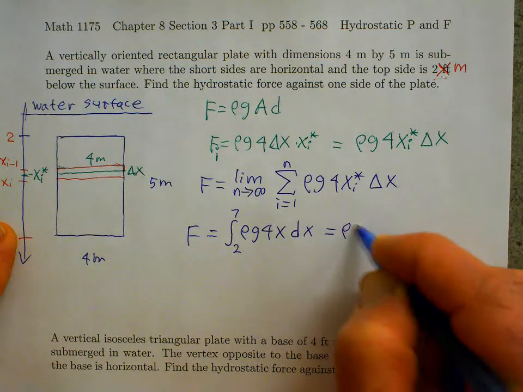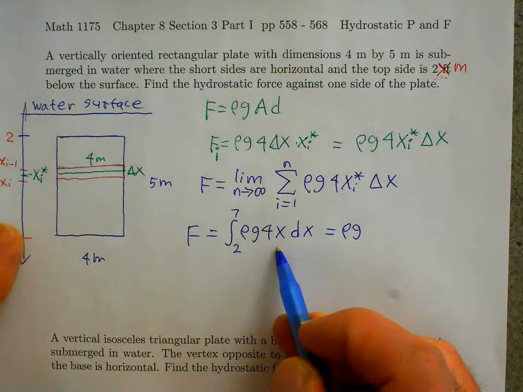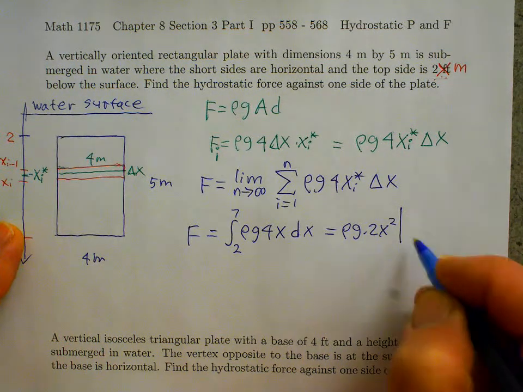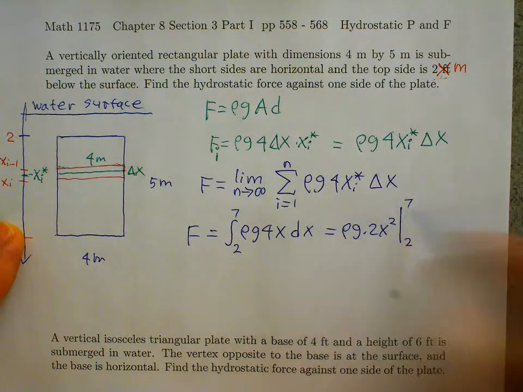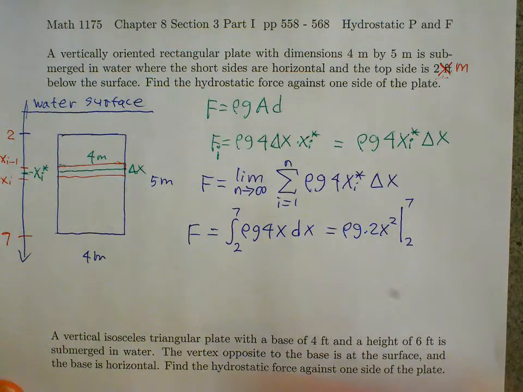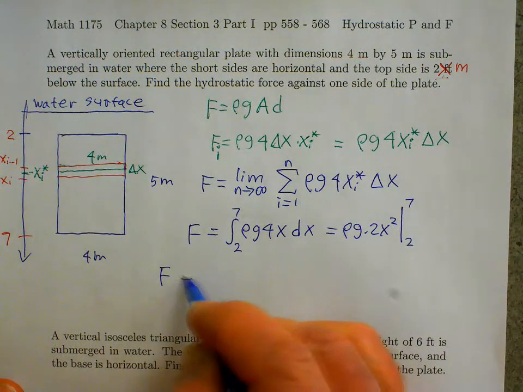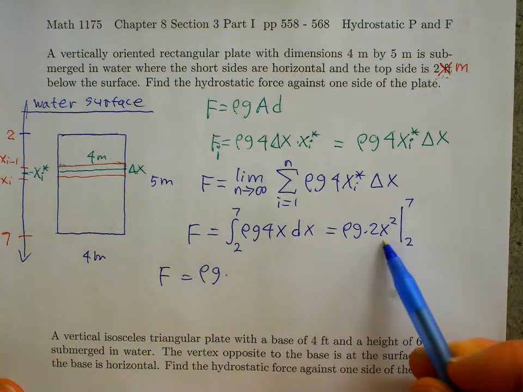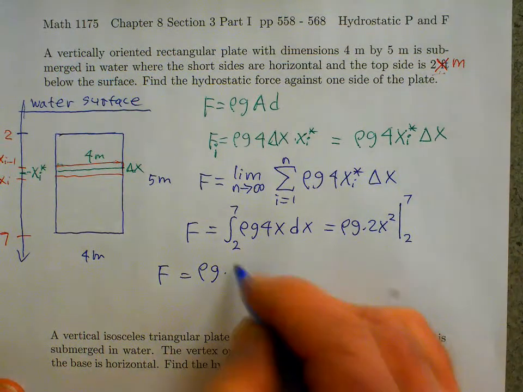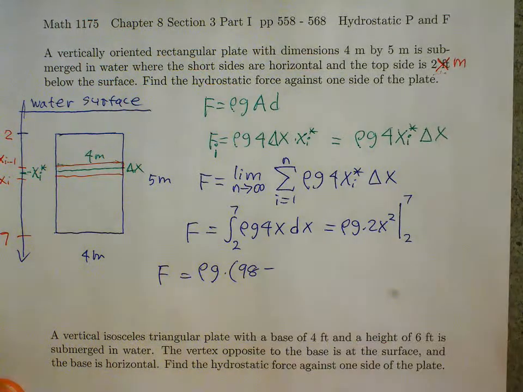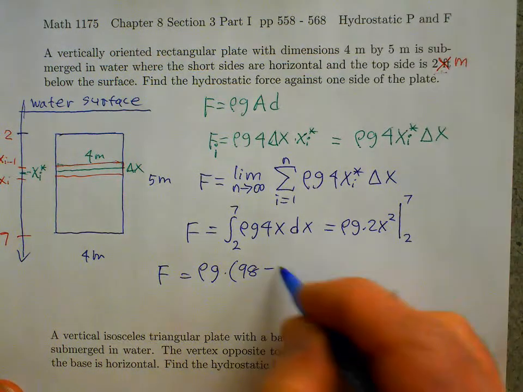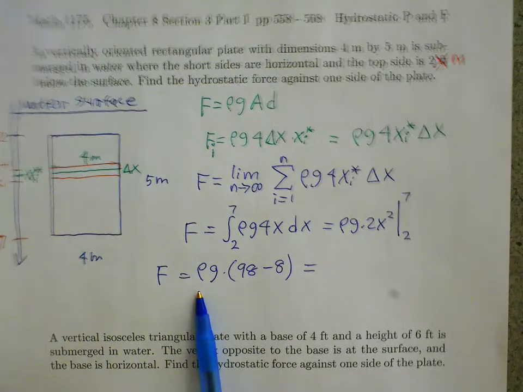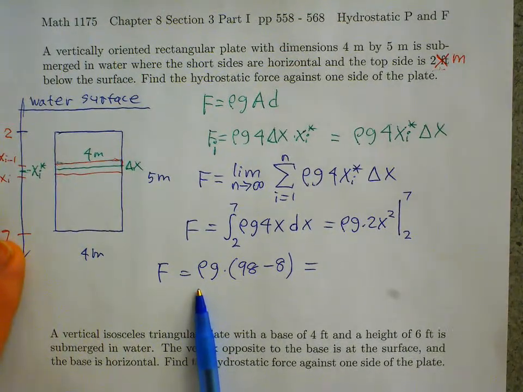So rho times g, an antiderivative of 4x is 2x to the second, and then evaluated from 2 to 7. So we get 2 times 49, which is 98, and then minus 2 times 2 to the second, which is minus 8. And then we'll use the international system for rho and g.